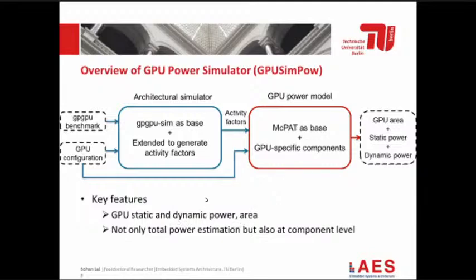The interesting feature is that the power estimate is provided down to the component level. That means it doesn't just tell you that GPU A consumed 200 watts. It tells you that GPU A consumed 200 watts, but, say, 10 watts is consumed by the cores, and this much by the caches, the network on chip, the memory controller, and the different components. So you can get an understanding of the power consumption of GPU components at a very detailed level.